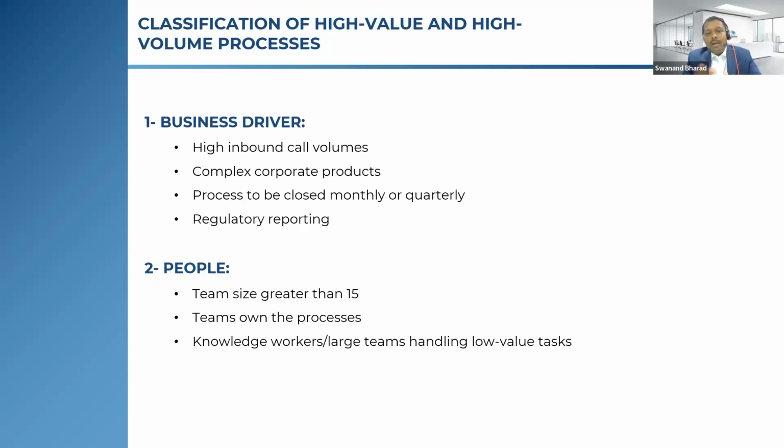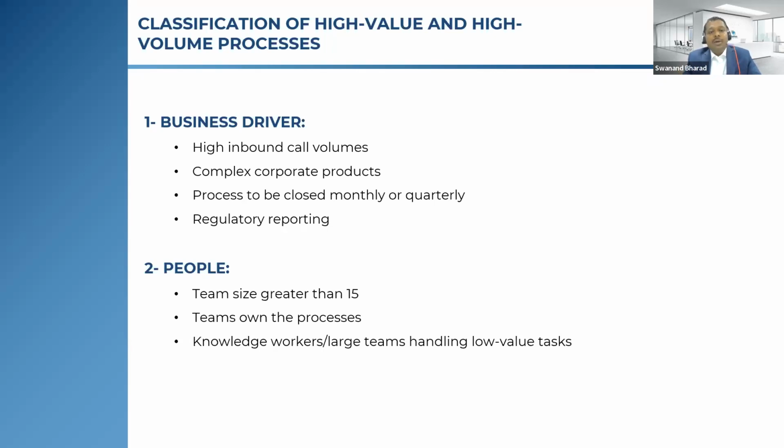To handle that warranty support process, I need multiple resources or multiple people. But if I'm getting all those requests globally, I need to provide support 24/7. In that situation, RPA is a good technology which we can use to automate those processes, which will help us to provide proper support to our customer.